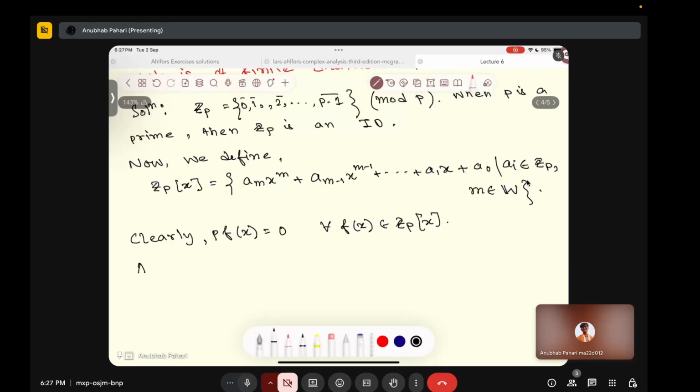Also, if you notice carefully, Z_p[x] has infinite number of elements, right?